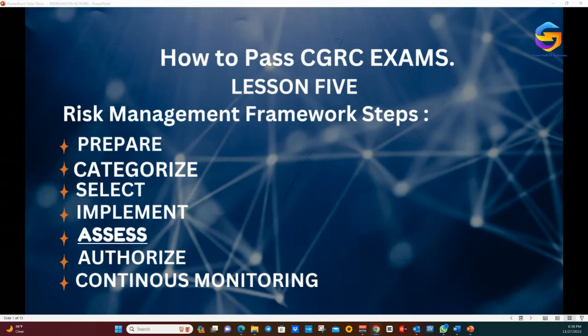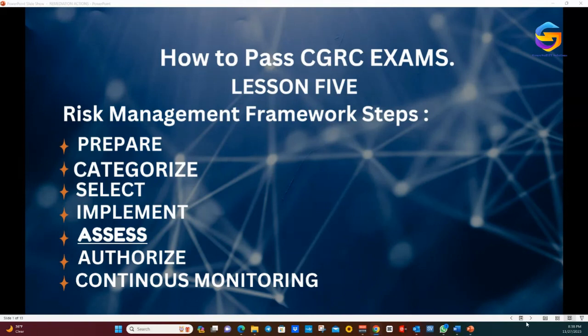Under the assessment step, we have 6 tasks. We've looked at the assessor selection, the assessment plan, control assessment, assessment report, and today we want to look at the remediation actions under the assessment step. So let's get into it.